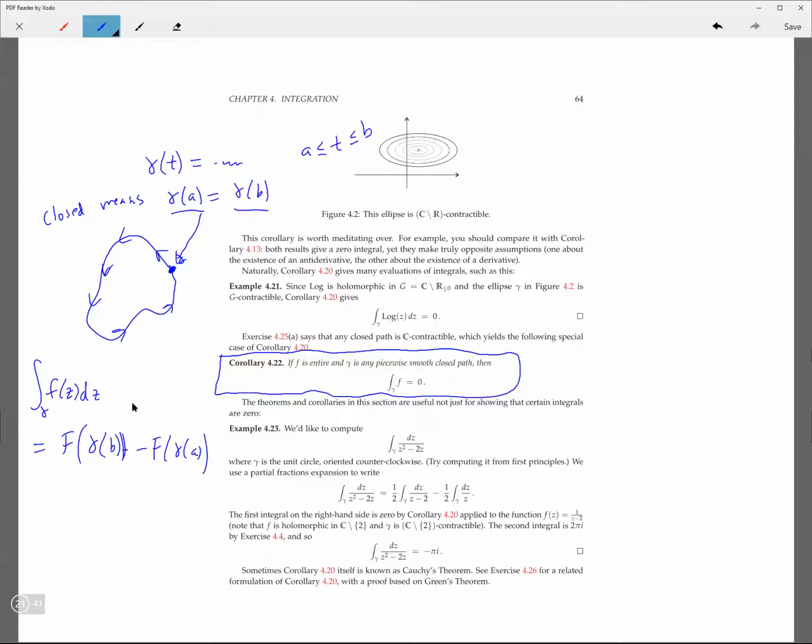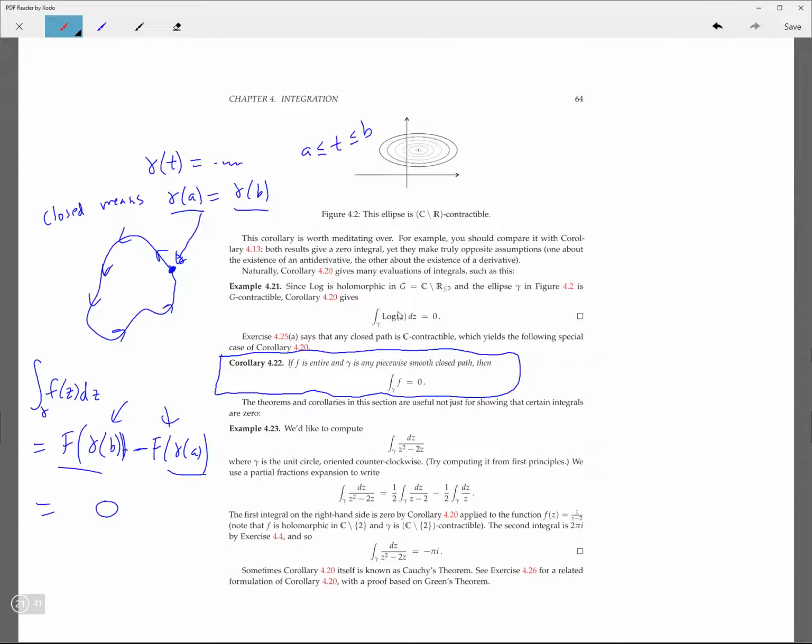And if these are the same, then those points are the same, which means that this is the same as that, which means if you take something and subtract itself, you're going to get 0, right? So that's where this comes into play.